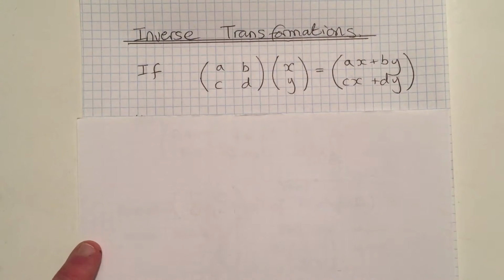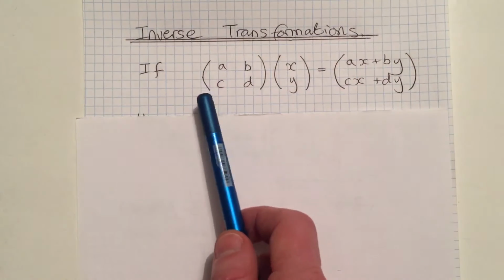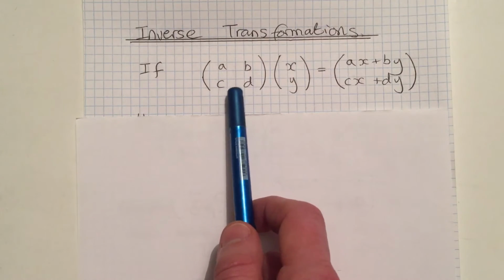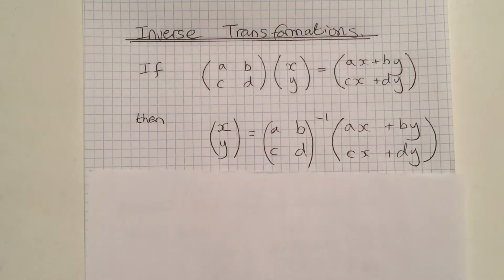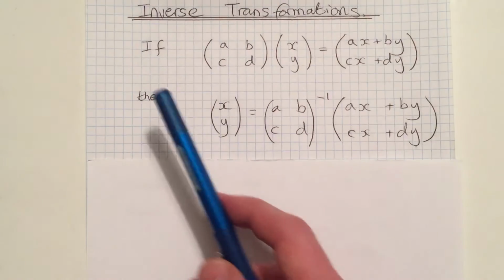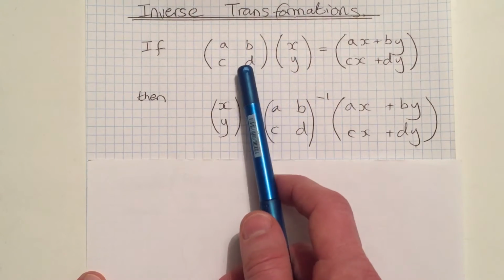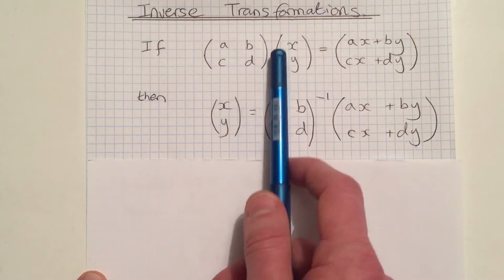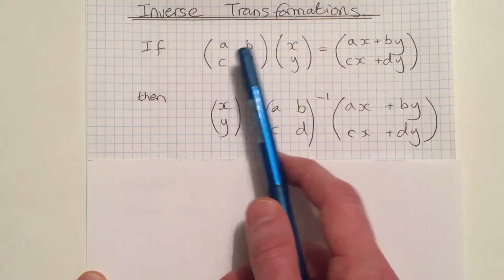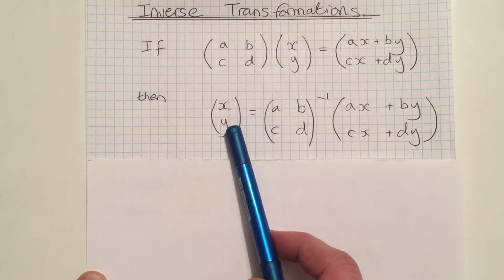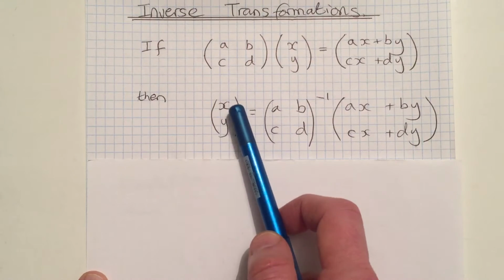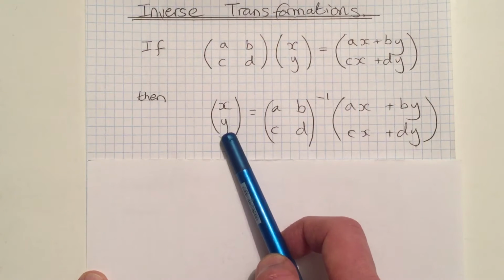Now what we could do here is multiply both sides by the inverse of this matrix. If I multiply the left hand side by the inverse matrix, that will cancel this matrix out and just leave me with the original matrix representing the original coordinate.